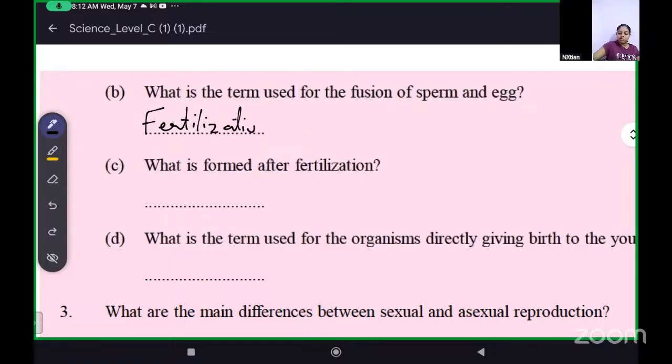Good. Emma, what is formed after fertilization? It's a plant. Like, no. Ma'am, can I say? I'll give you a hint.